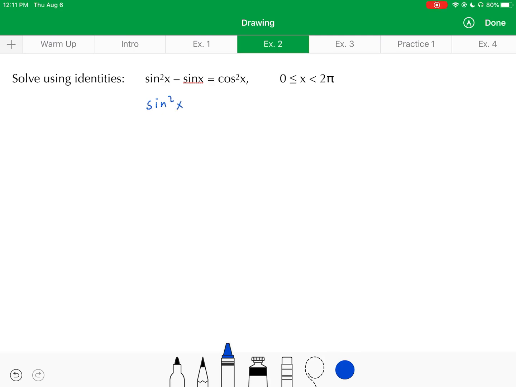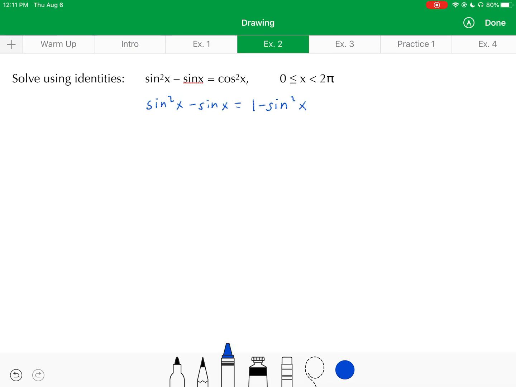So I have sine squared of x minus sine of x. I'm going to keep that the same. And then again, cosine squared of x, I'm going to rewrite that as 1 minus sine squared of x using a Pythagorean identity. Now notice the equation is solely in terms of the sine function, okay? So from here, I would move everything to one side, get it set equal to 0.